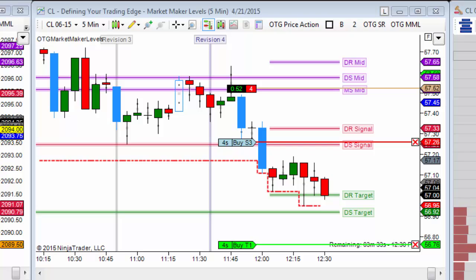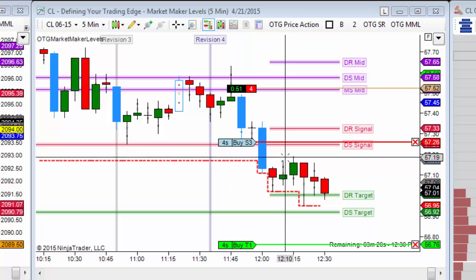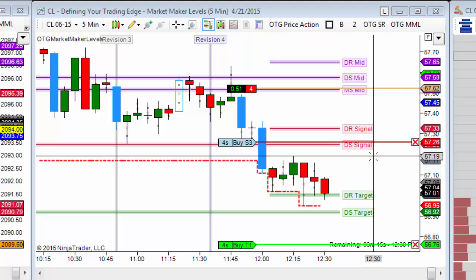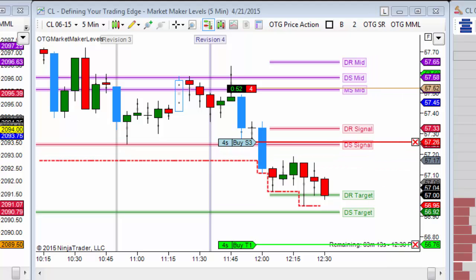Bottom of the hour coming up. Come on, go test the low. 56.76 is where I believe we're headed here. Target 56.76.